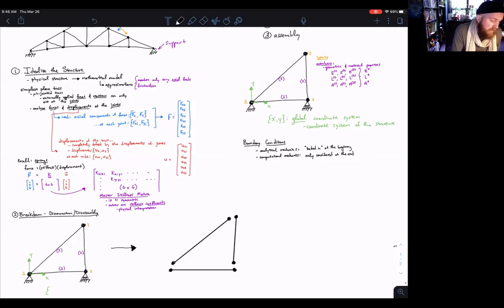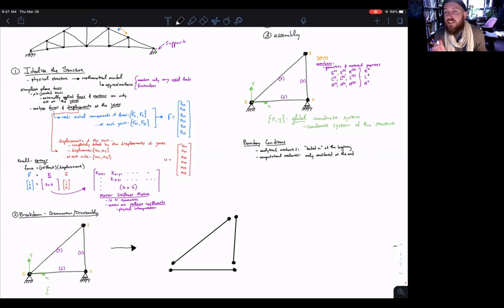And now when we do this disassembly, one of the key things that we're going to do, and this is where a point of confusion can come in, so focus on this briefly and it'll help everything that comes forward. One of the things we're going to do when we disassemble this is that we're going to now evaluate each member individually. And here's the crucial point.